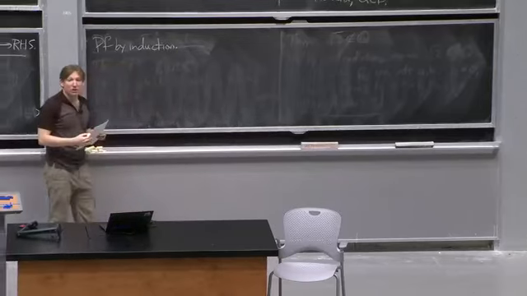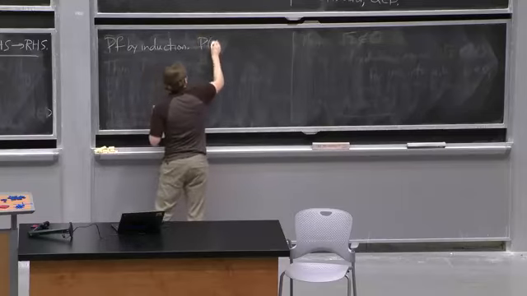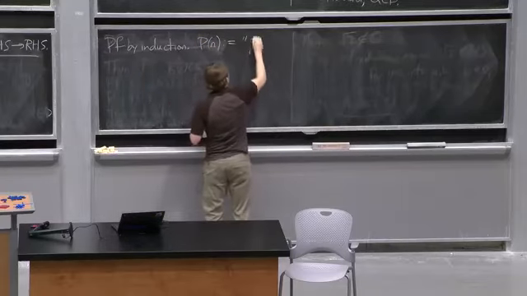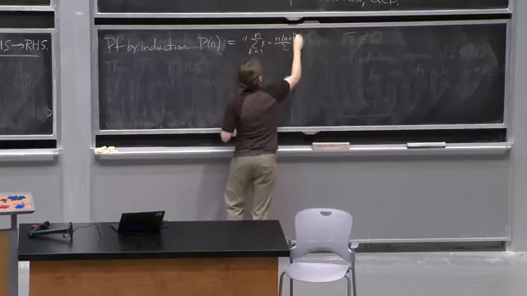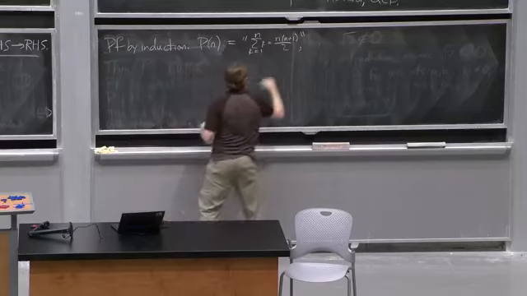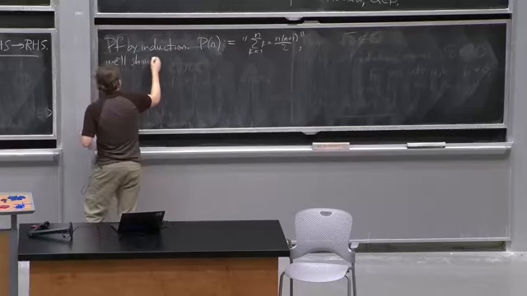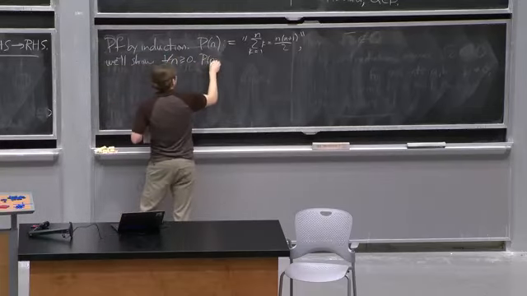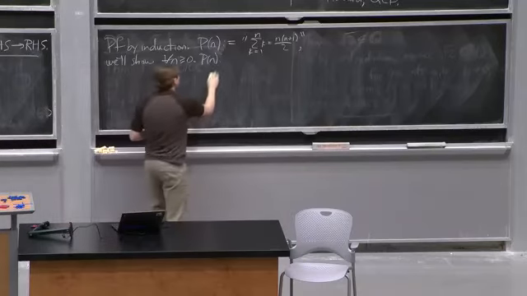We need to say what P of n is. Let's see. P of n is defined as the sum 1 plus 2 plus up to n equals n times n plus 1 over 2, the same way we defined Pn before. And we'll show that Pn is true for every n greater equal 0 by induction.